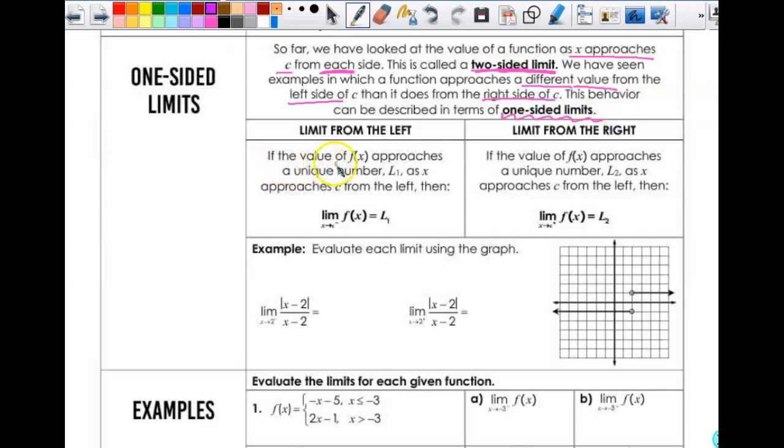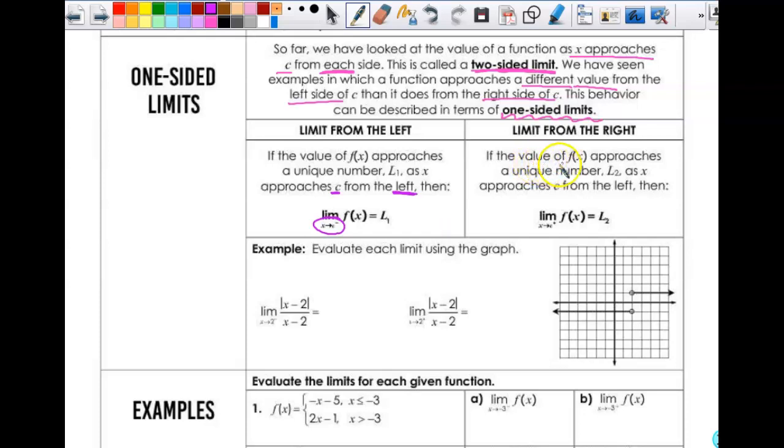If the value of f of x approaches a unique number L1 as x approaches c from the left, then if you see how this says x approaches c, and then there's this little negative sign, looks like an exponent, then this right here shows that it approaches from the left, going this direction. If it just said c, that would be both sides, but this is just from the left.